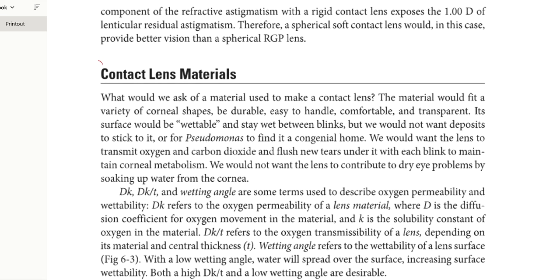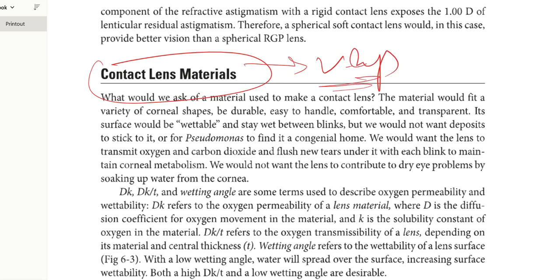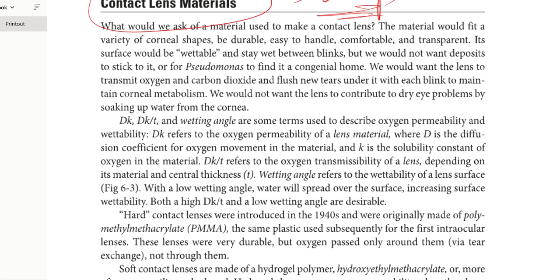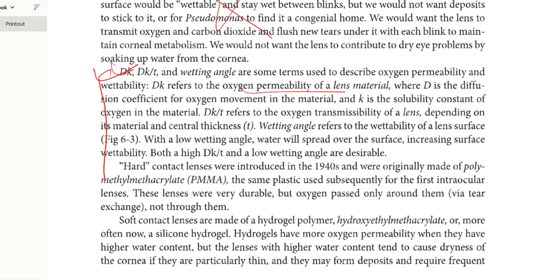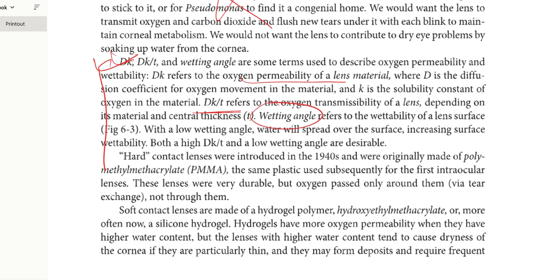Now the most important topic, contact lens material, very important. This part is not so important, but from here, it is very important. All these definitions: oxygen permeability, lens material, and what is DK/t, wetting angle, etc. Now according to lens types, there are hard contact lenses, then soft contact lenses.